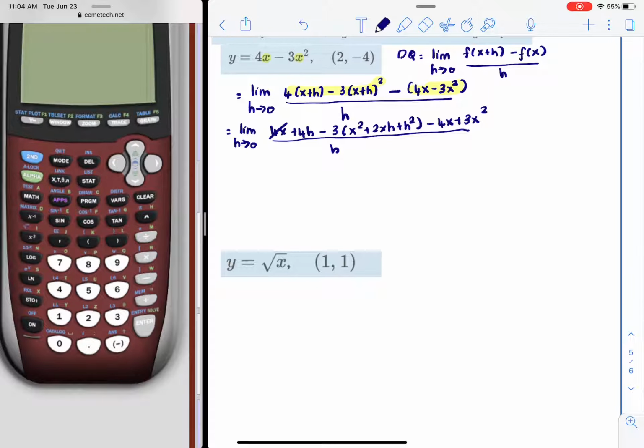So I can get rid of the 4x term, and that would leave me with the limit as h approaches 0 of 4h minus 3x squared minus 6xh minus 3h squared plus 3x squared, divided by h. So those two terms would go away, leaving us with the limit as h approaches 0 of 4h minus 6xh minus 3h squared.